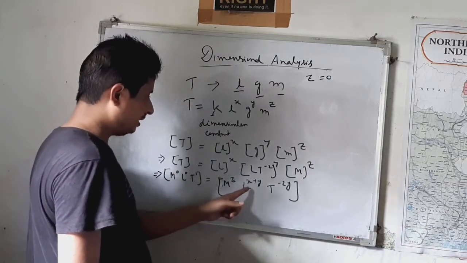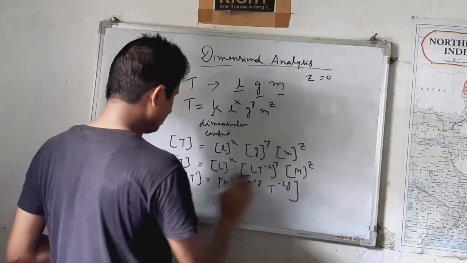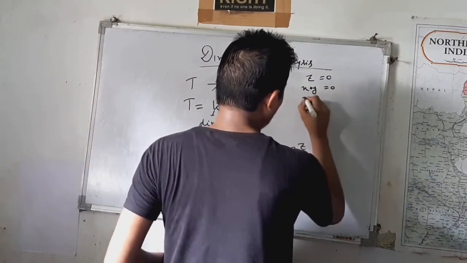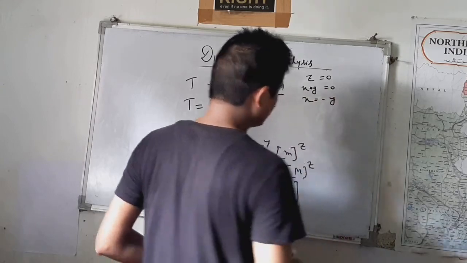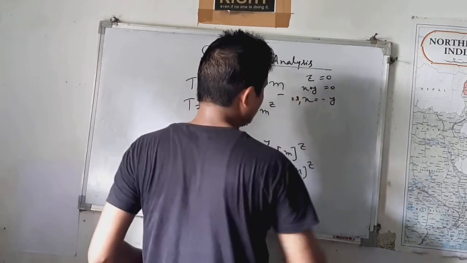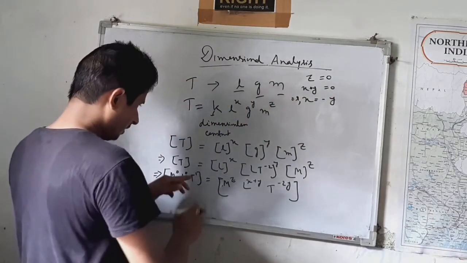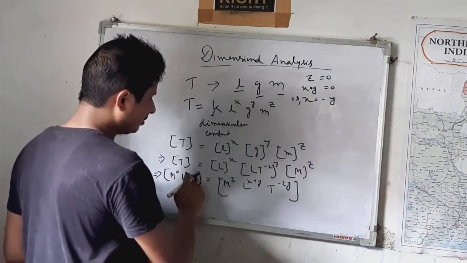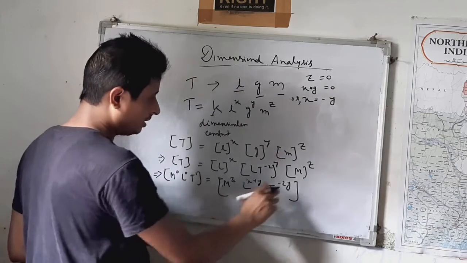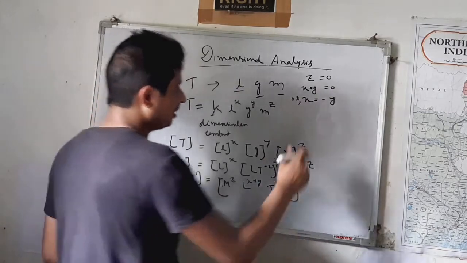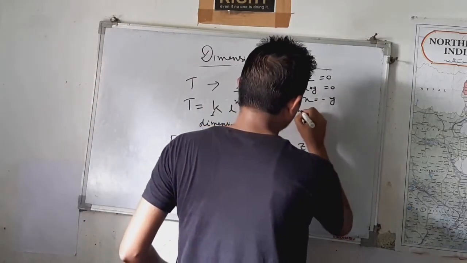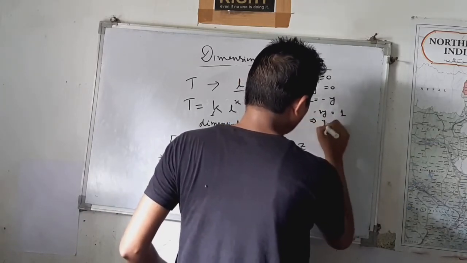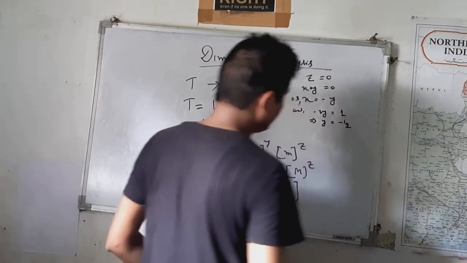And for L it is x plus y, here 0, so x plus y equal to 0, or x equal to minus y. And here the power of t is 1, here the power of t is minus twice y, so minus twice y is equal to 1, or y equal to minus half.